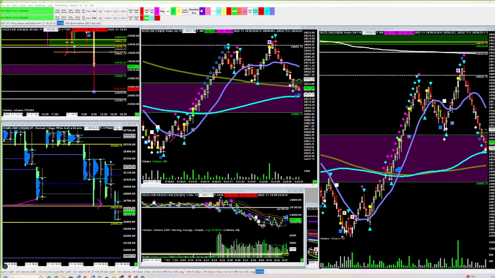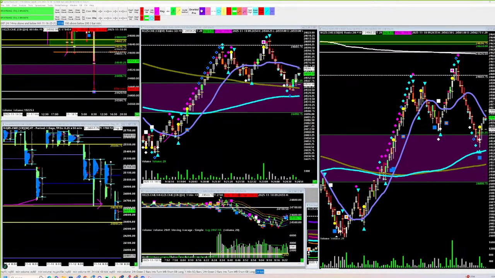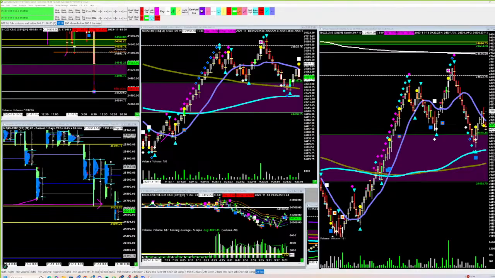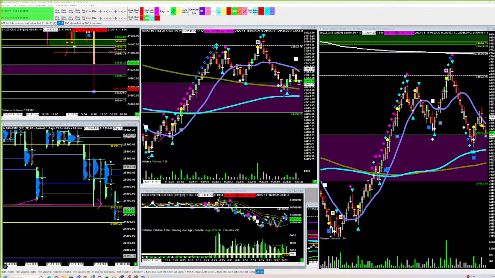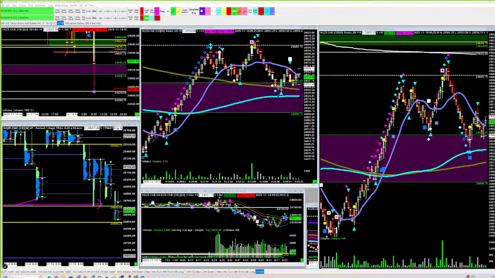Backside test of that 45. People will be looking for that to hold. Again, you can see them trying to hold that consolidation.